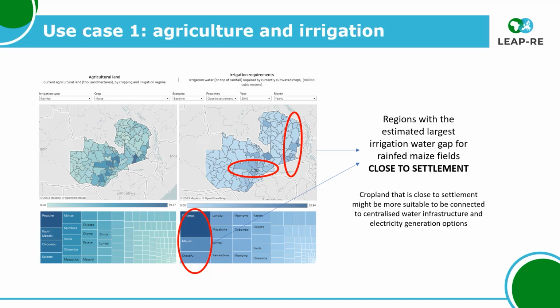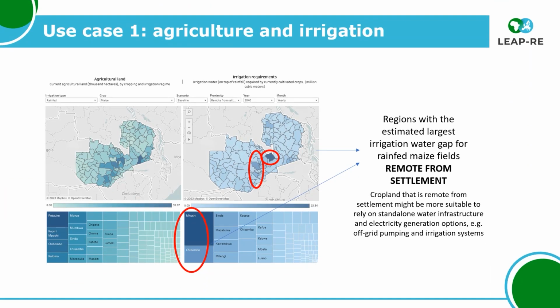On the side, we can also compare on the left dashboard, in the agricultural land dashboard, the current distribution of maize rain-fed cropland, which partially, of course, mirrors the regions which seem to have a high demand for irrigation water.